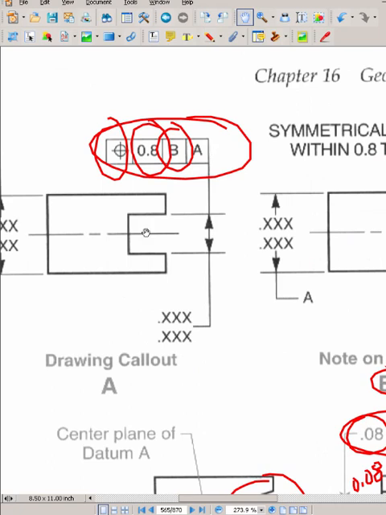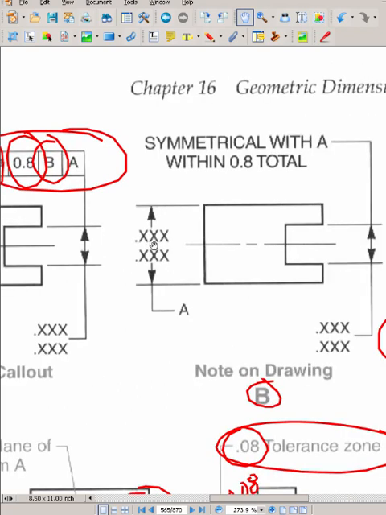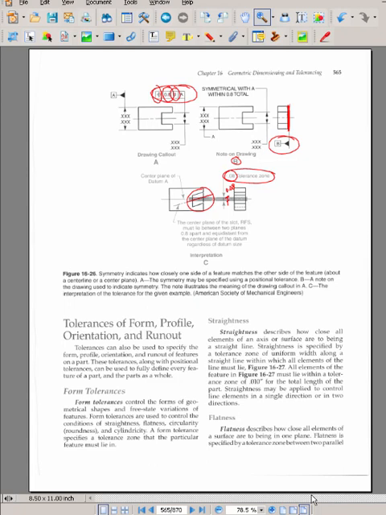So symmetry is established from here to here, and also from here and here. Okay? So that's symmetry.